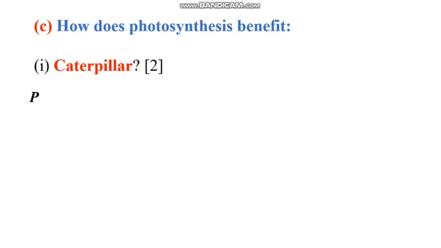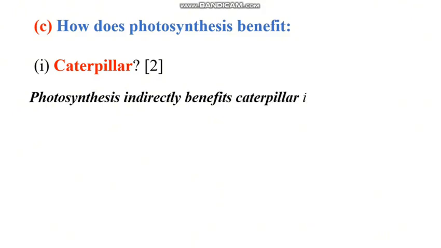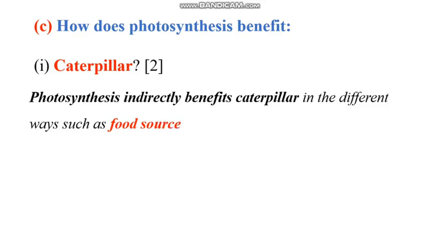So we have said that photosynthesis indirectly benefits caterpillars in different ways, such as food source and habitat. When you say habitat, we are looking at a place where these organisms will be living.